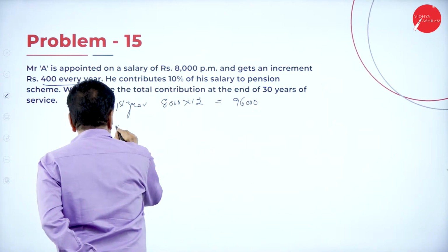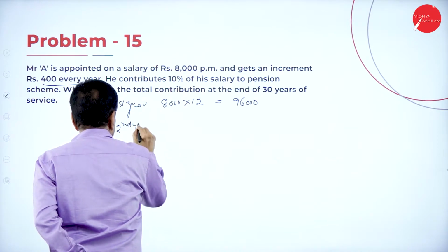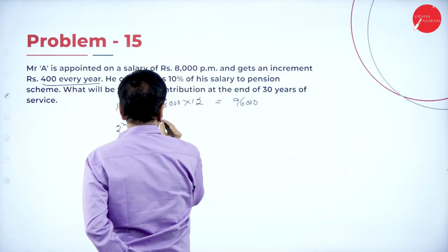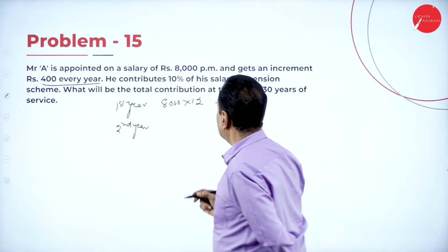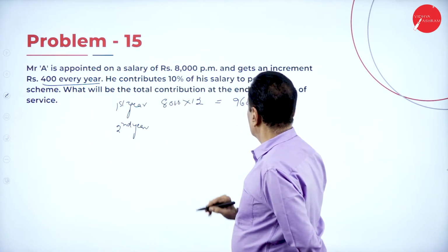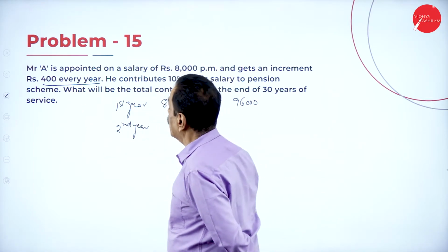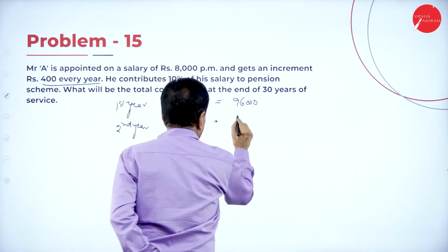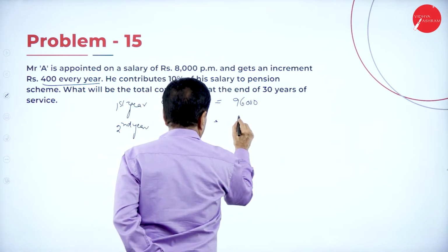The second year, increased by how much? 400. This is 96,000, so it becomes 96,400.